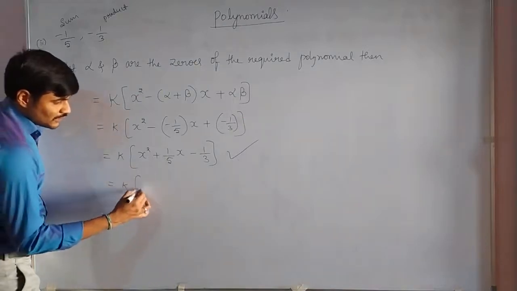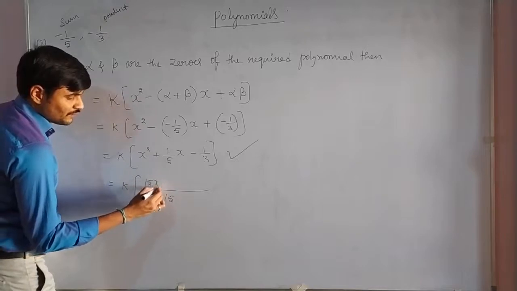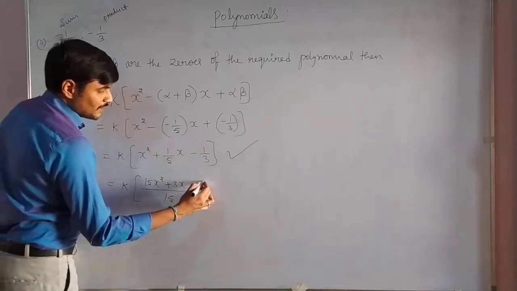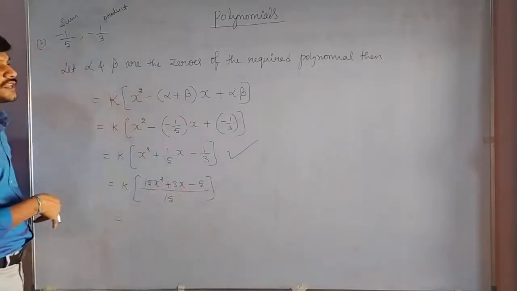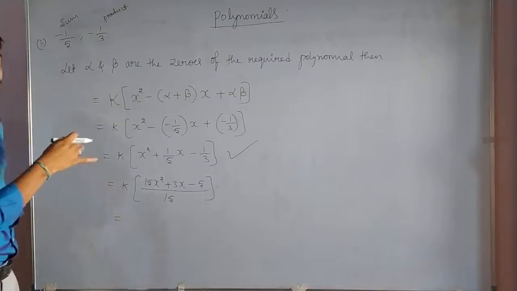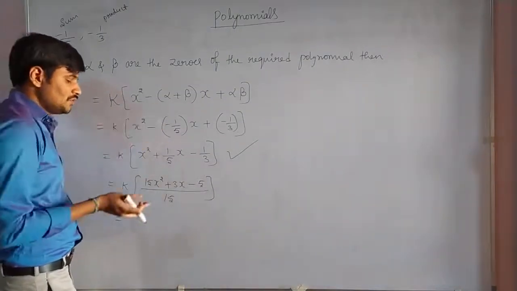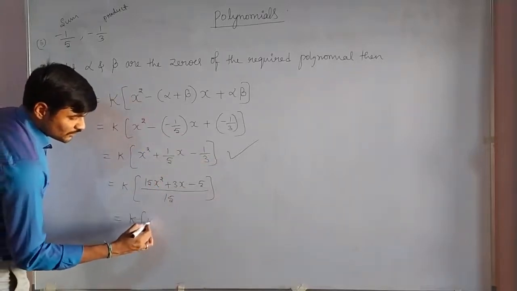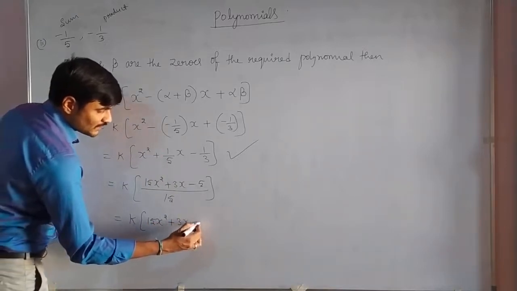K into, the LCM is 15, so it will become 15x square plus 3x minus 5. So here the 15 will become 0, as in the quadratic equation general form ax square plus bx plus c is equal to 0. So then it will become k into 15x square plus 3x minus 5.